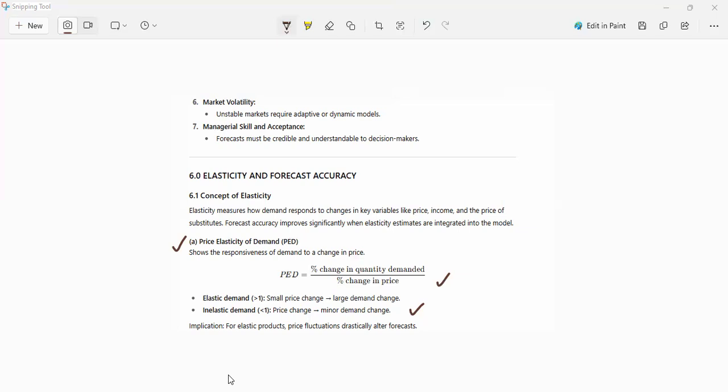We have income, and cross price elasticity. Those are the three.